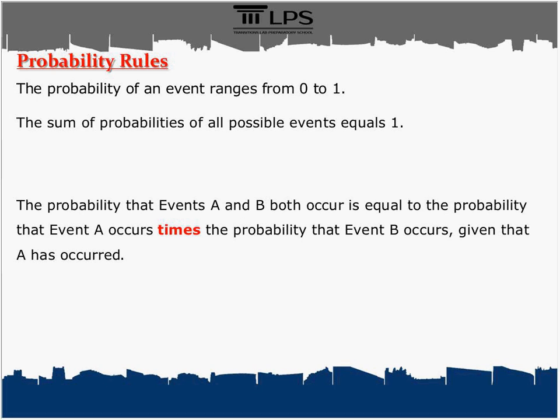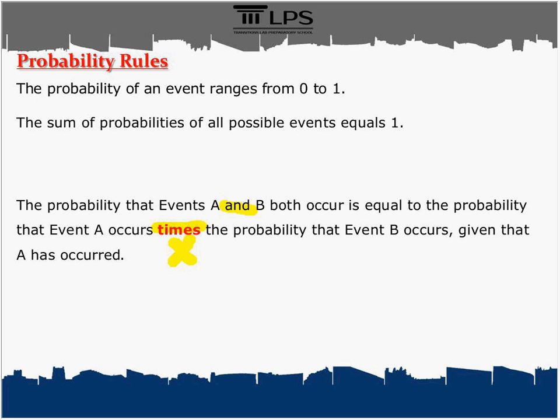The probability of event A and event B is equal to the probability that event A occurs times that of event B occurs. So remember, and means multiplication.